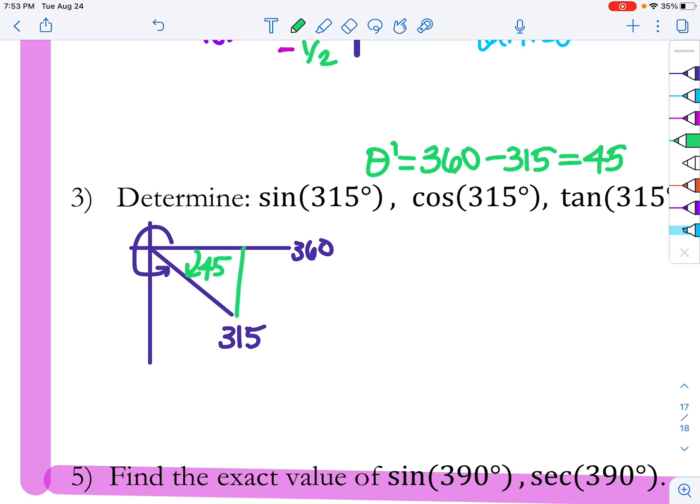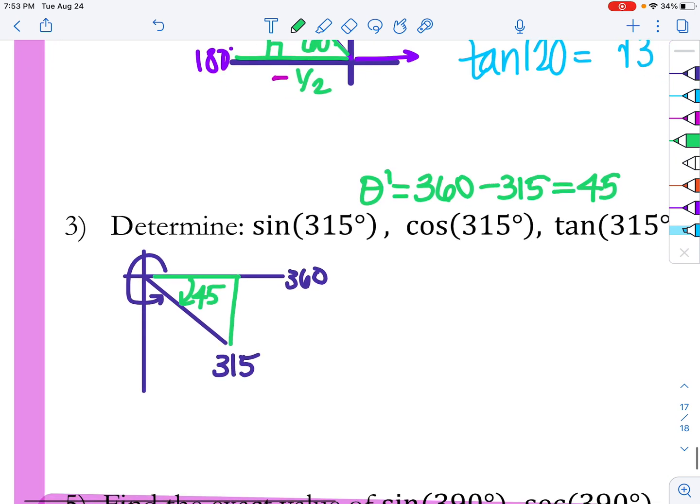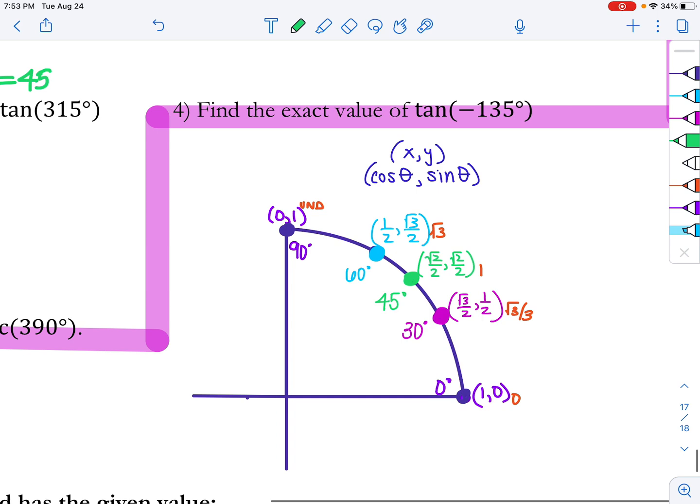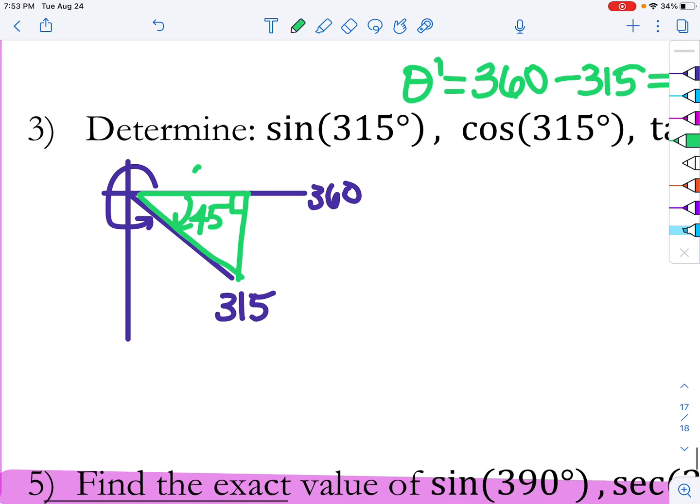So I have a 45, 45, 90 right triangle in my unit circle. And I refer back to my first quadrant. 45 degrees is root 2 over 2 for both cosine and sine. And then the tangent is 1. So I duplicate that over here. The cosine and sine are both root 2 over 2.